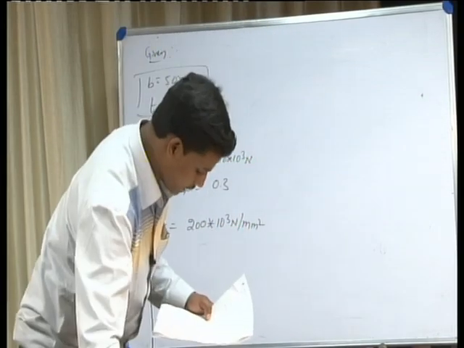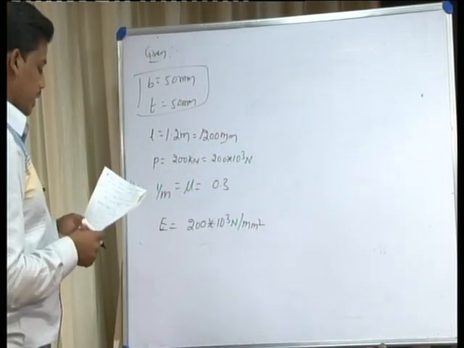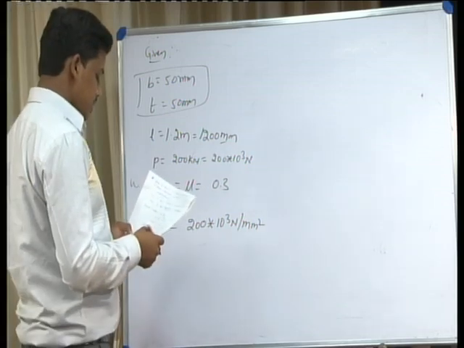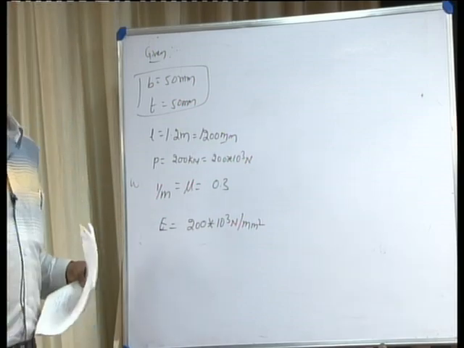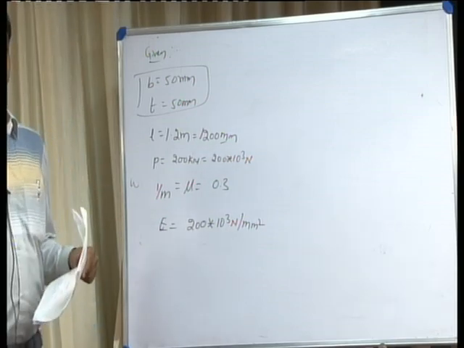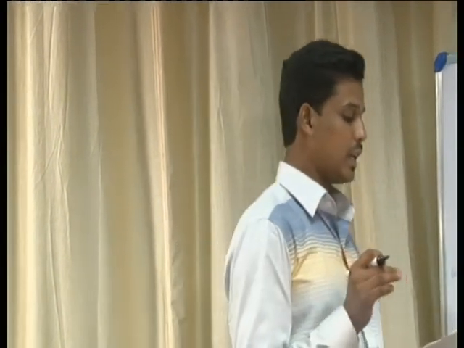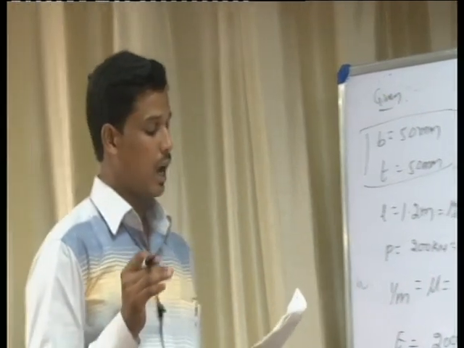After getting the strain, we see that the strain we got is a longitudinal strain, because we have taken the load and calculated along the length, along the load applied.